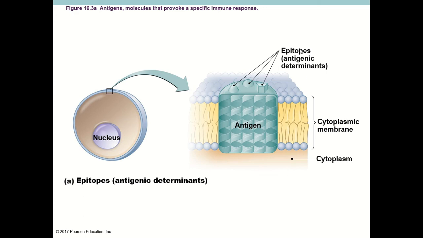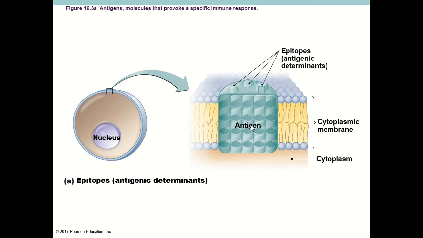Antigens contain epitopes, which are also known as antigenic determinants. These are specific regions located on the outside of the cell membrane, on the antigen itself. And these regions are specific for antibodies, so antibodies bind to these regions.